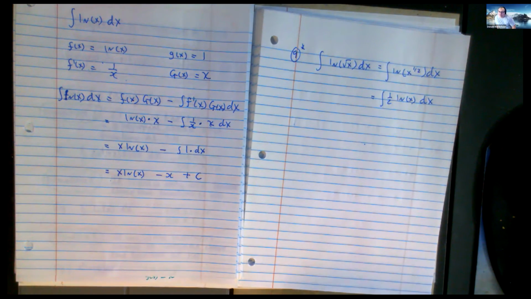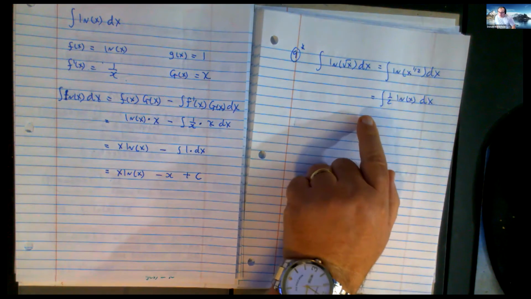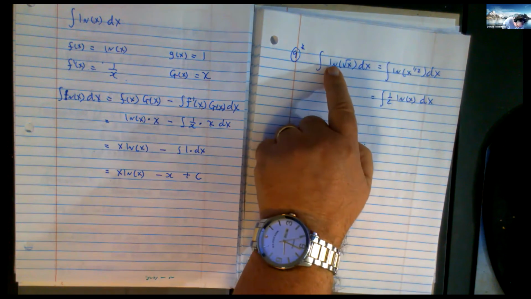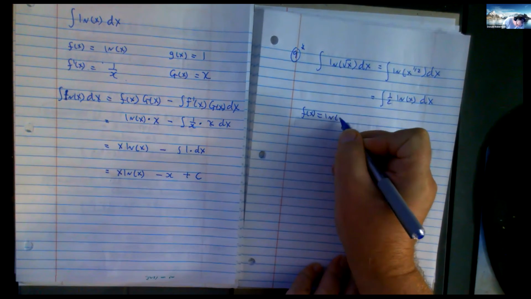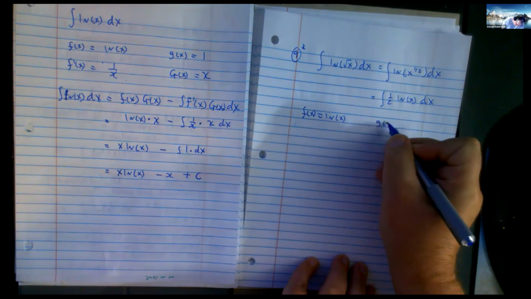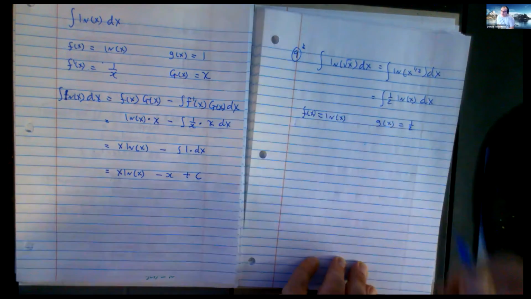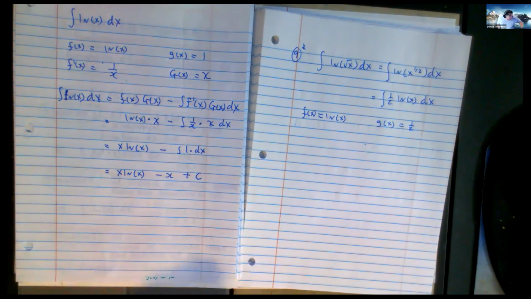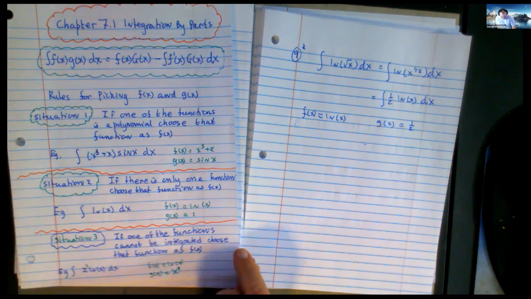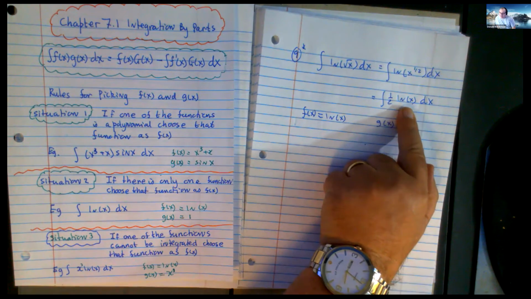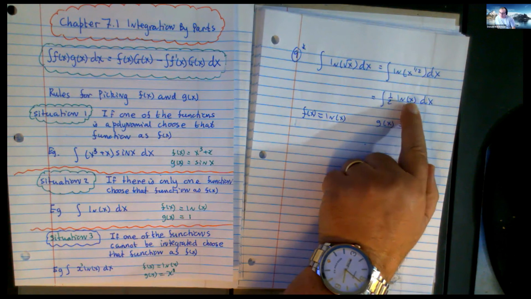Now, if I rewrite this integral as this equivalent, can't I then do f of x is natural log of x and g of x equals a half? Would you agree I could do that? That would count as a situation 3. You can't integrate this piece, so make it f.